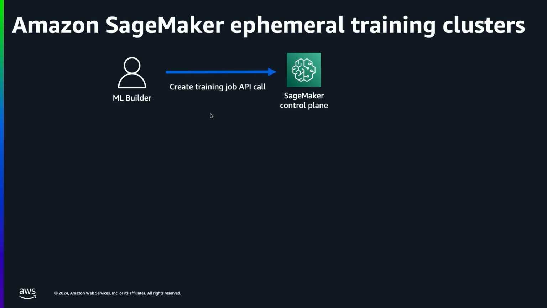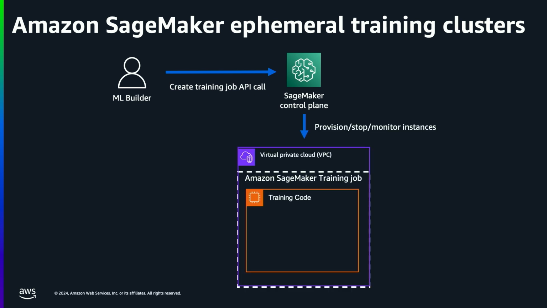When you're creating a training cluster in SageMaker, essentially you're invoking an API to create a training job. Of course, it's going to hit the SageMaker control plane, and then SageMaker is going to spin up and provision these resources for you.